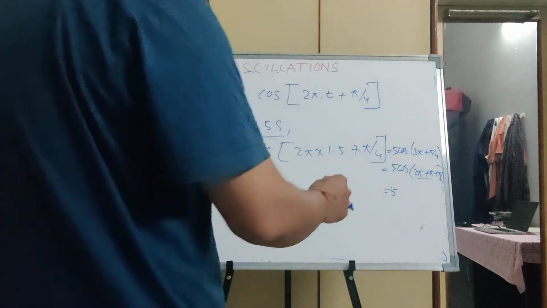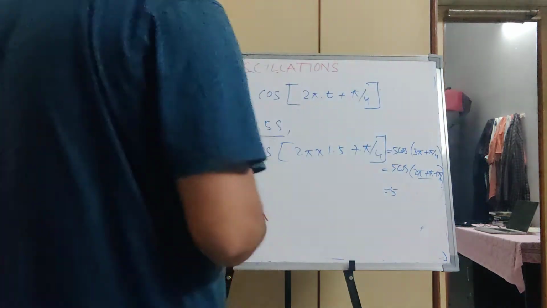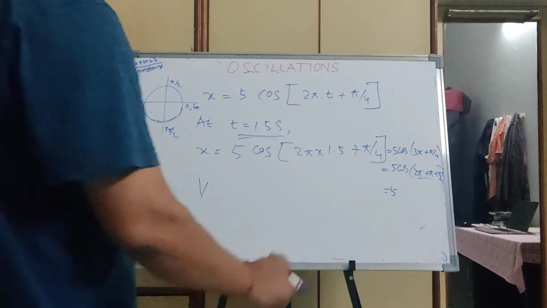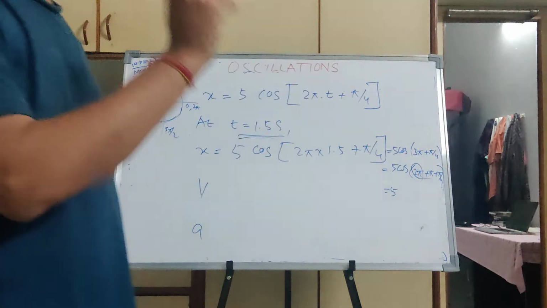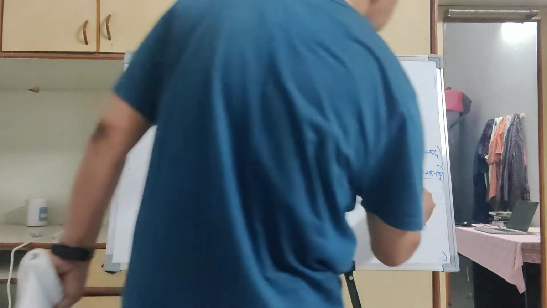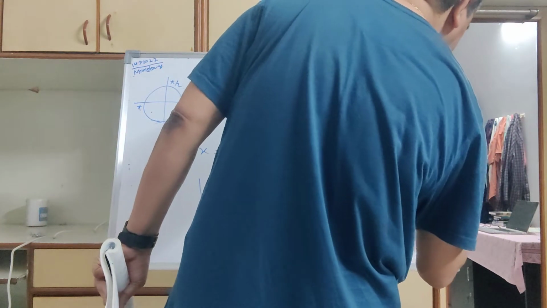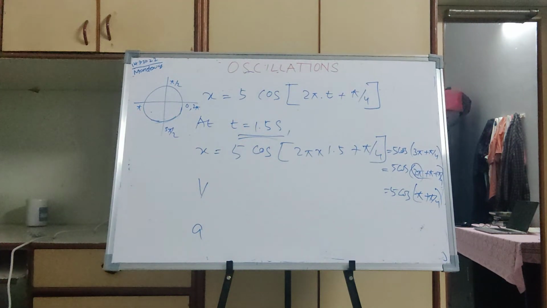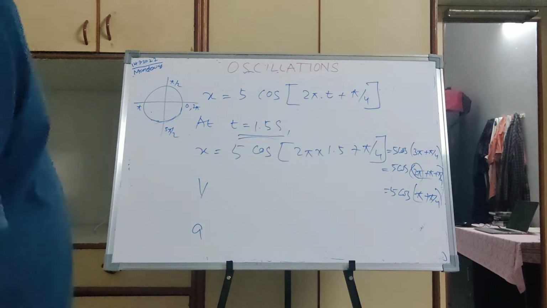You forget about this 2 pi, just consider it as cos of pi plus pi by 4, because 2 pi is just repeating. There also pi plus pi by 4 means third quadrant.